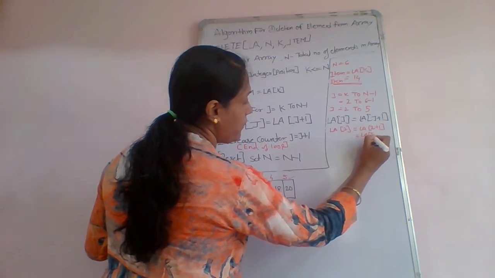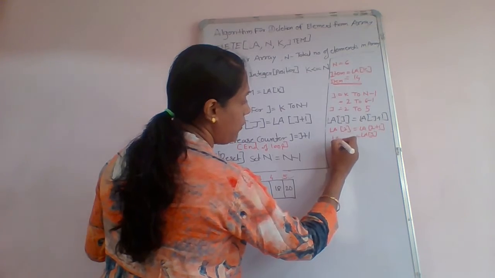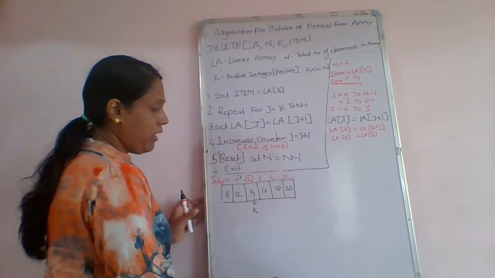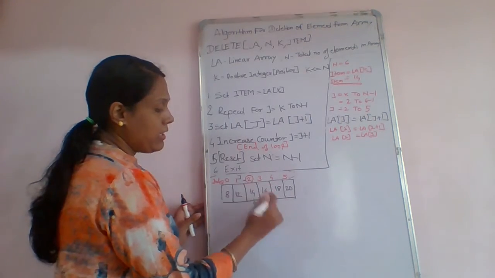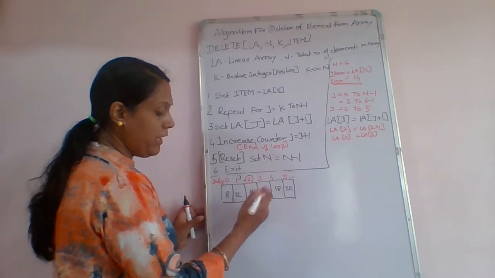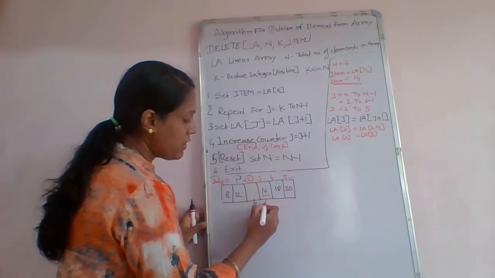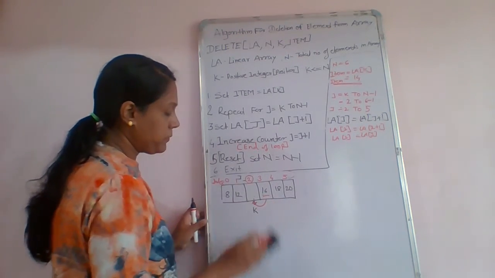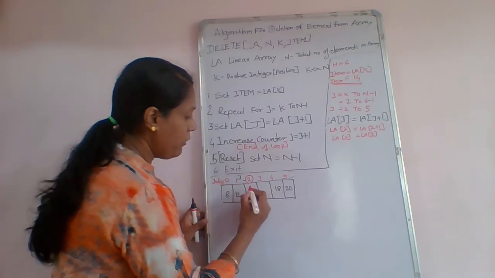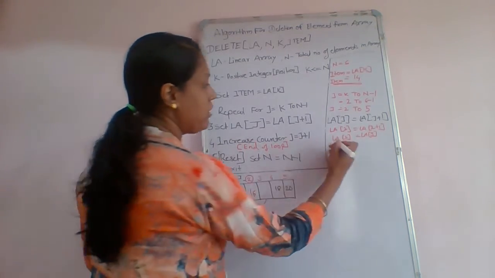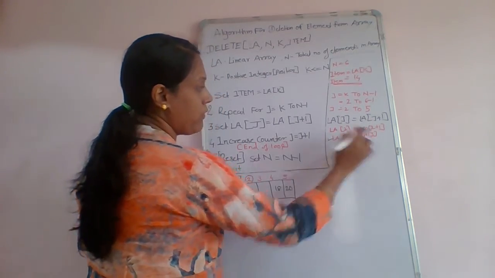LA of 3 is the 16, and that should come at LA of 2. This item we deleted, so this place becomes empty. This 16 comes over here. We shifted the 16 over here by using this statement, LA of 2 equals LA of 3.